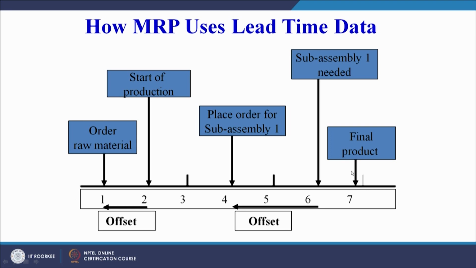Now we must know when sub-assembly 1 is needed, so we have to offset in this direction, and then there has to be some time gap because this sub-assembly 1 needs to be assembled to some other part or a basic structure to get our final product. So we know when our sub-assembly 1 must be ready so that the final assembly operation may take place.